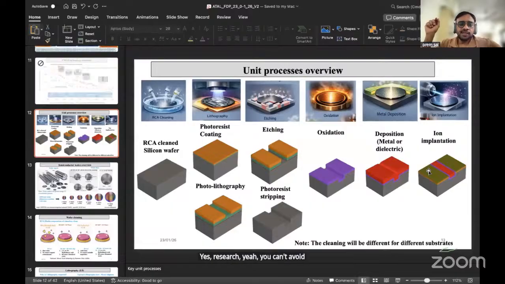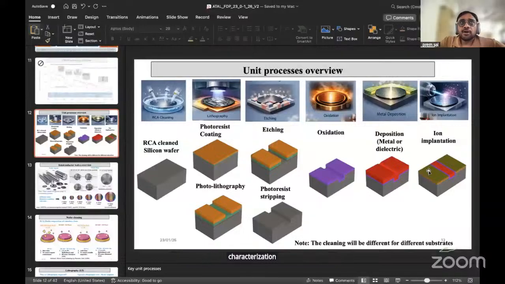But in industry, once the wafers are properly fabricated, they are properly capped and encapsulated, so that we can only do characterization or probing. So you don't need a great clean room for characterization.